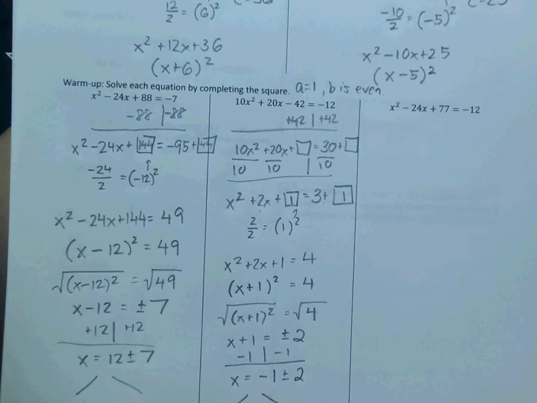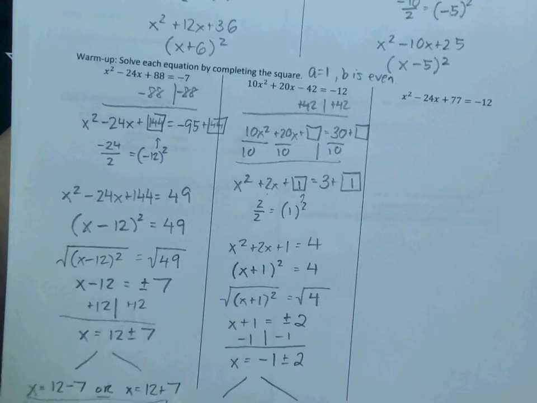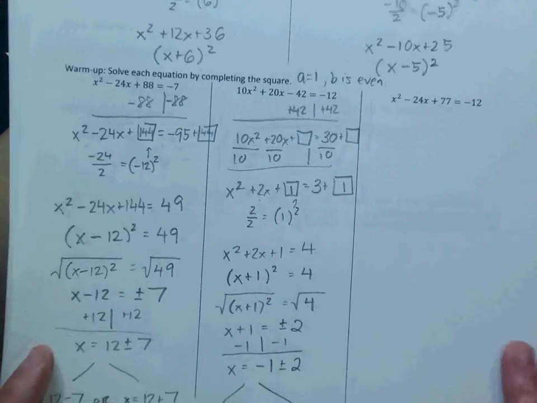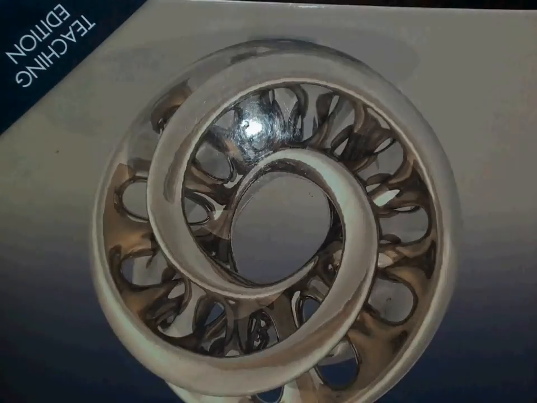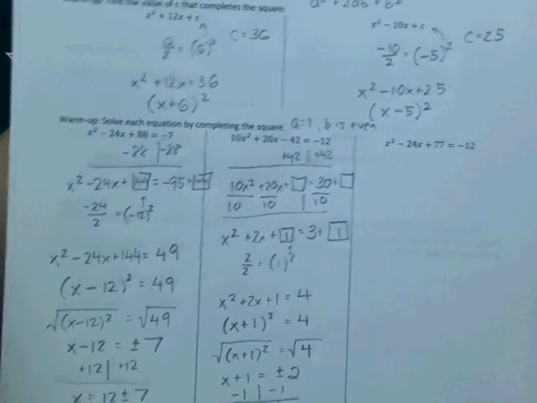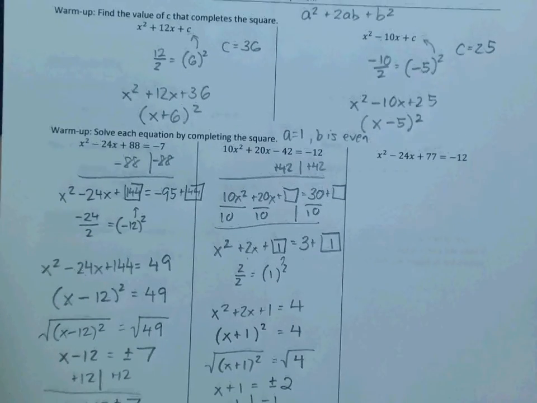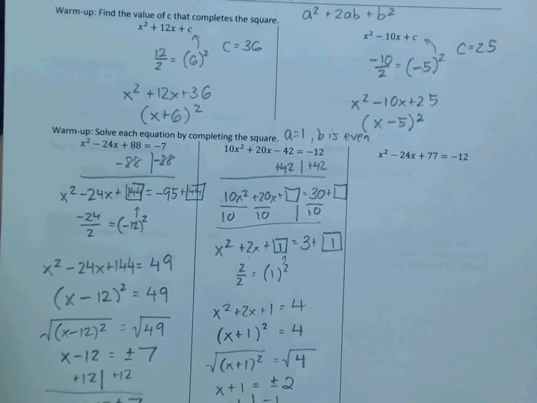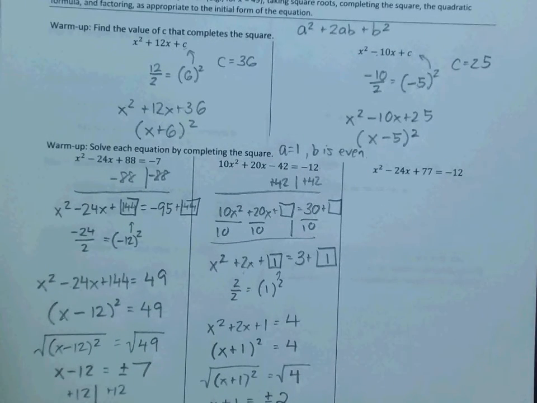This is x is equal to negative 3, or x is equal to 1. Now, you actually could have solved both of these by factoring, and I know that just based off of the solutions. But the directions did ask for completing the square. But now I'm going to jump to the third problem. And in the third problem, you're going to be left with a radical in the solution.